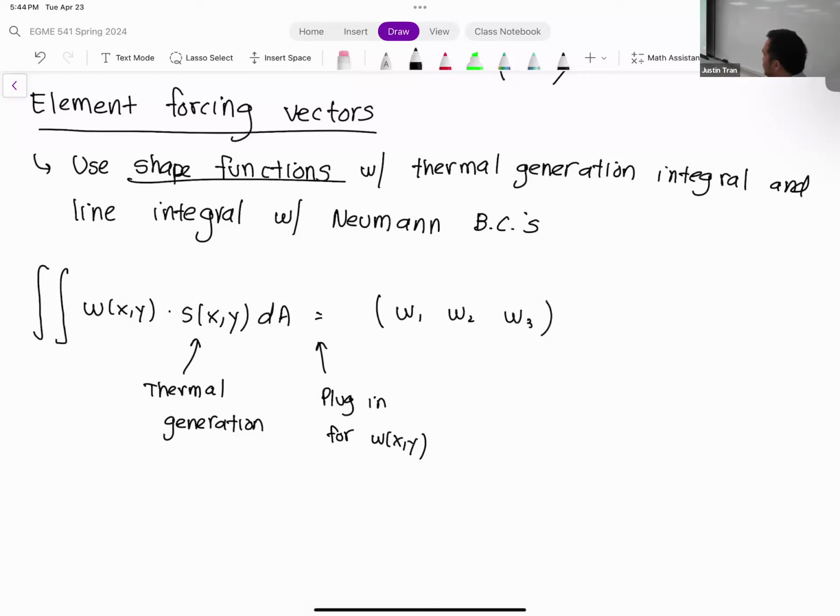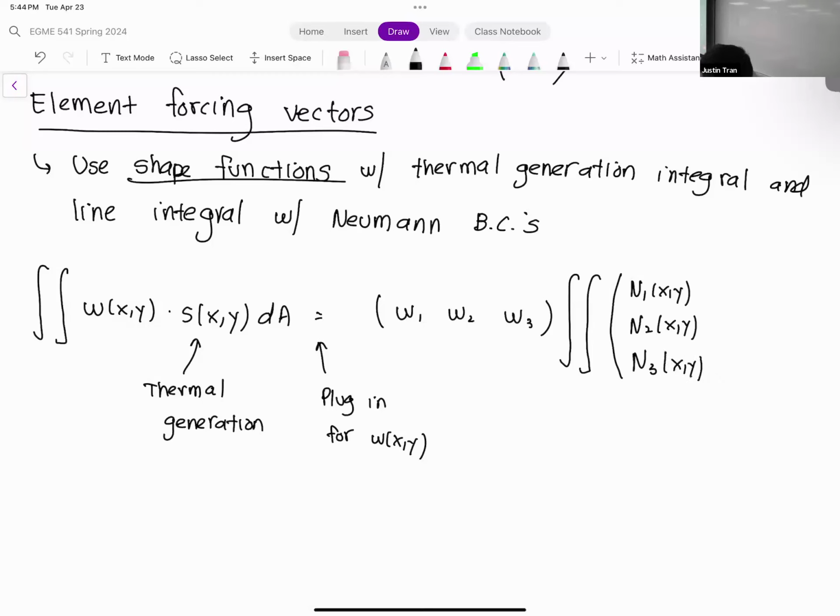Remember, those are just coefficients, so we don't integrate them, or we can factor them out, multiplied by the double integral of N1 of X and Y, N2 of X and Y, and N3 of X and Y, multiplied by the thermal generation function S of X and Y dA.